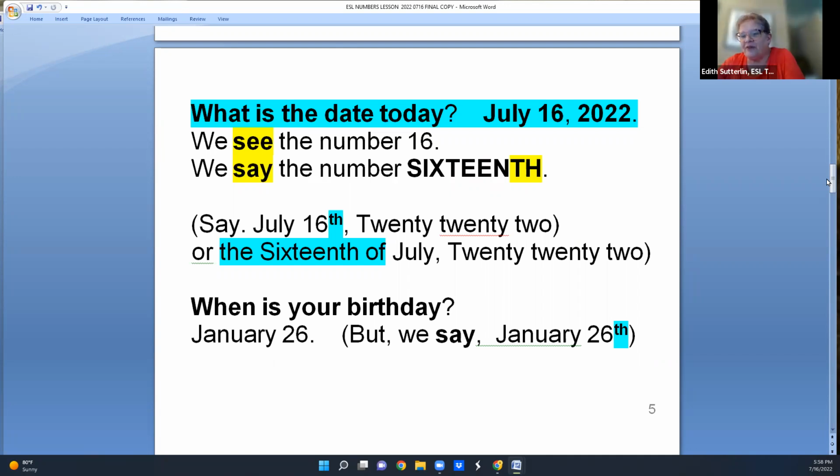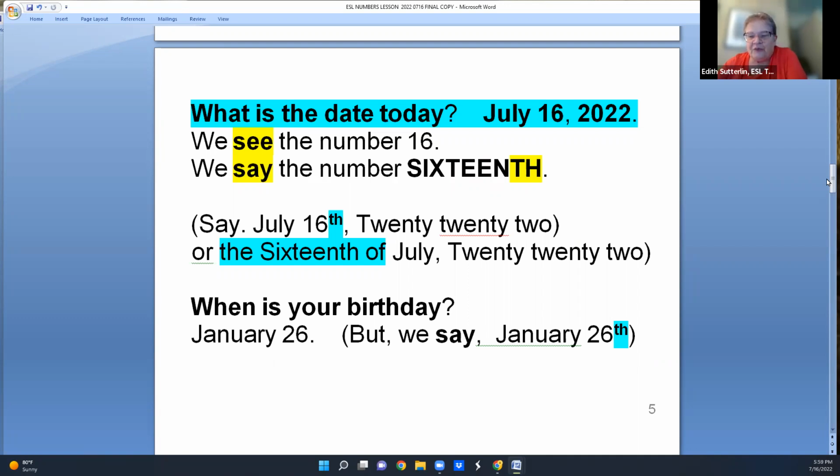Today is July 7th, July 8th, July 9th, July 10th. We're just practicing repeating these dates. July 11th, July 12th, July 13th. And actually we get up to today is July 16th.